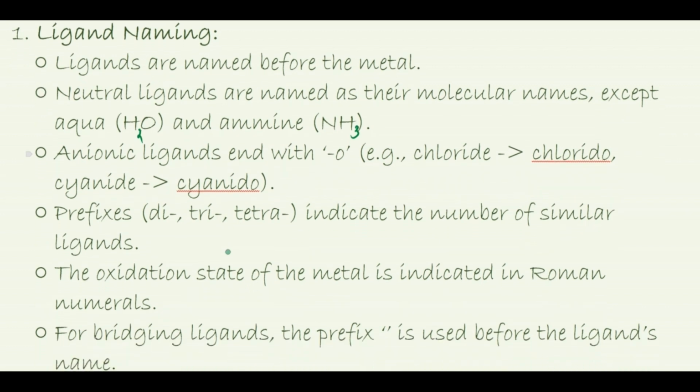If more than one ligand is there, it should be named with the prefixes. Then the oxidation state of the metal is indicated in Roman numerals. And finally, for bridging ligands, the prefix mu is used before the ligand's name.